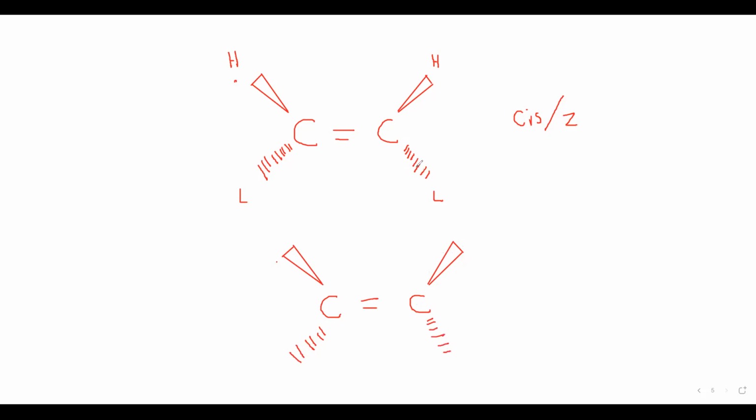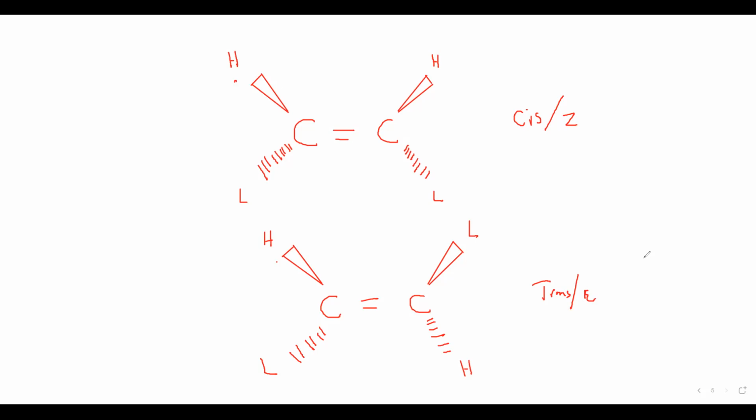This dashed line is not representing the number of bonds, it is representing the plane, like one is in, another one is out. So heavy groups are on the opposite side, like one is in, another one is out, and lighter groups also, one is in, another one is out. So we call that trans or E. So this will result in the formation of cis and trans isomers.